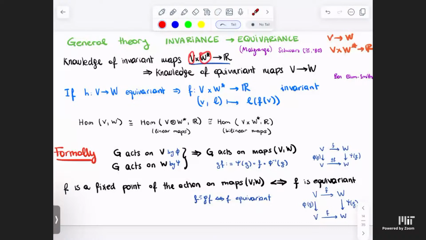Maybe if your action is not orthogonal, then you need to look at the dual representation. Then if you know the invariants here, the ones that you care about are the invariant functions from this times this that are linear with respect to the second coordinate. Using the techniques that you have, you already have the linearity. Then if you take the derivative with respect to the second coordinate, that would give you an equivariant function of the first coordinate.